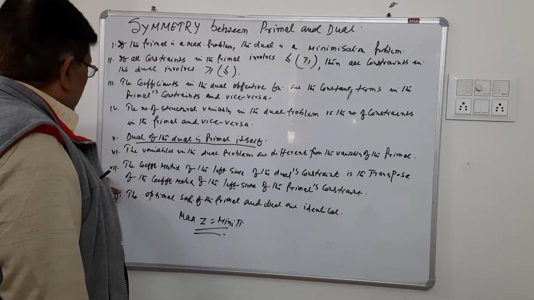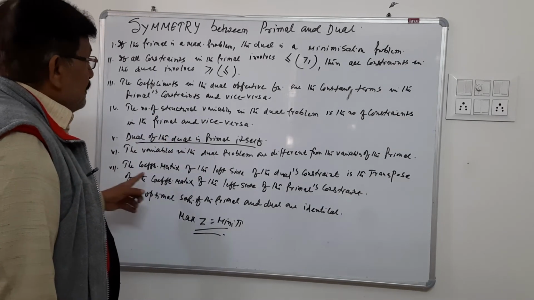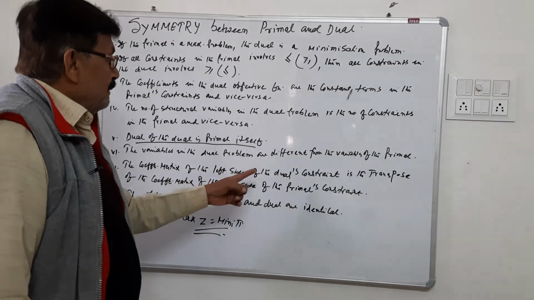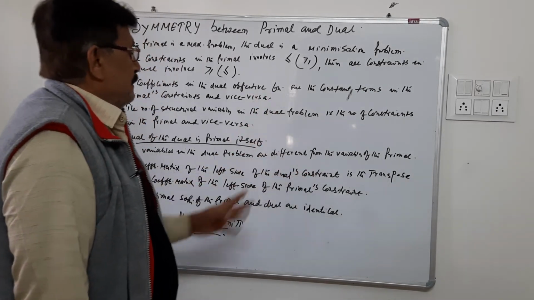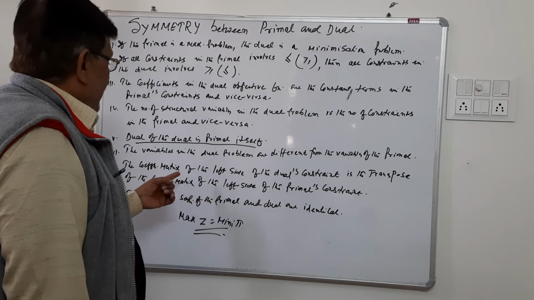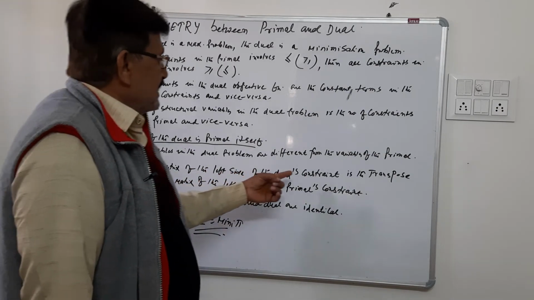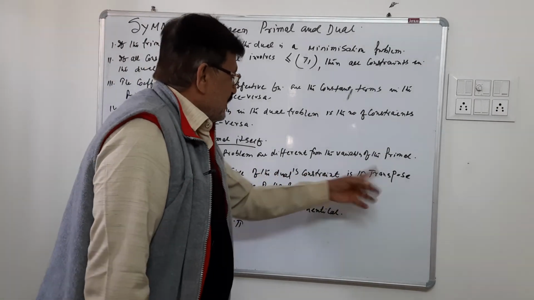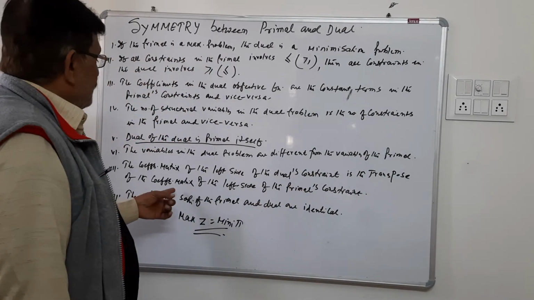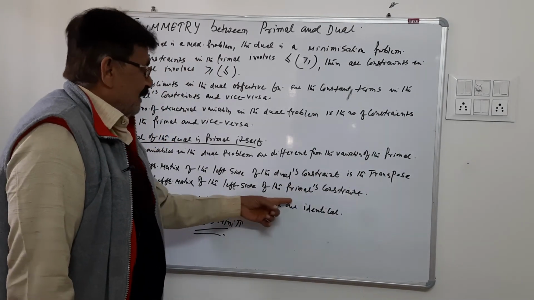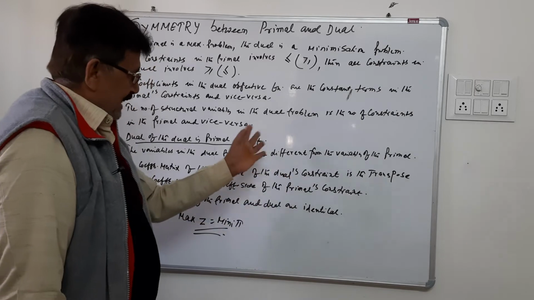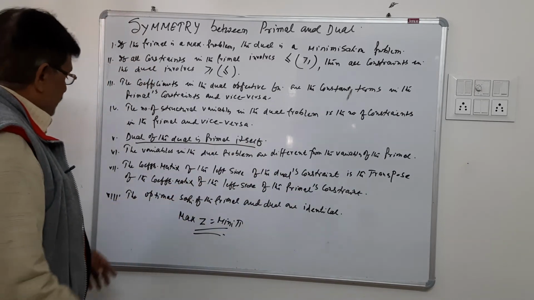Now the 7th point says, the coefficient matrix of the left side of the dual's constraints is the transpose of the coefficient matrix of the left side of the primal's constraints. Very clear. I have done it mathematically, numerically in the previous part.